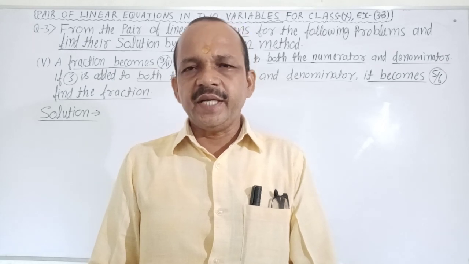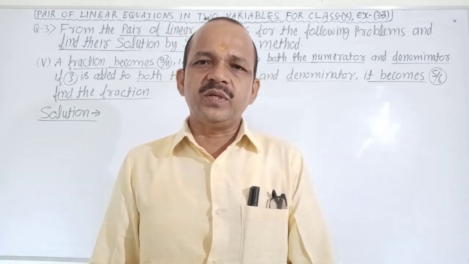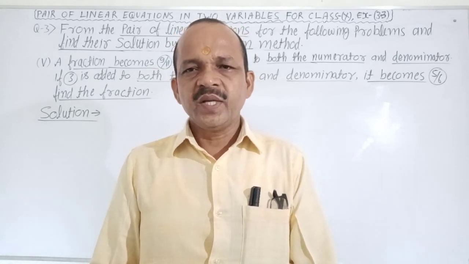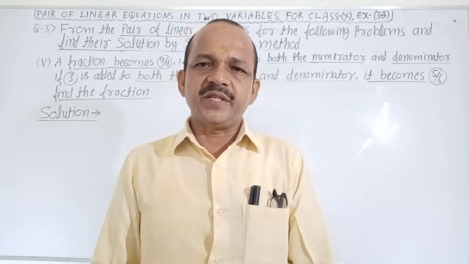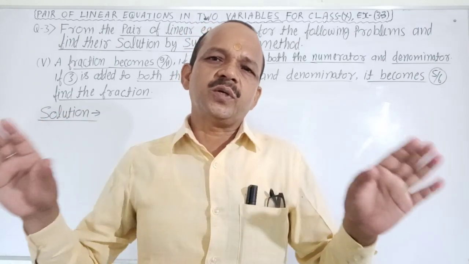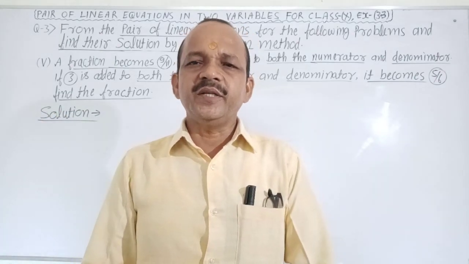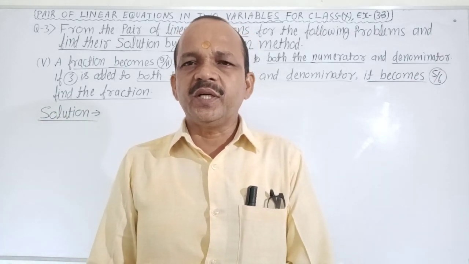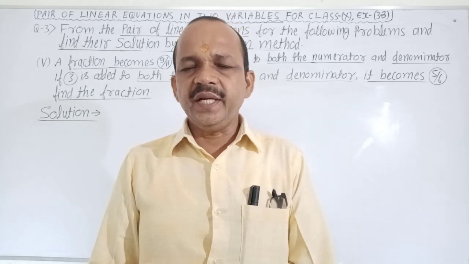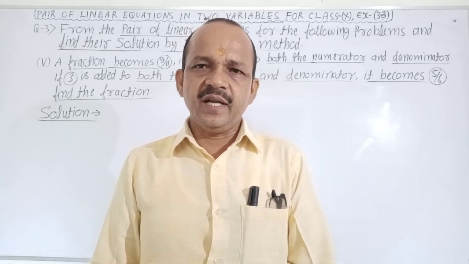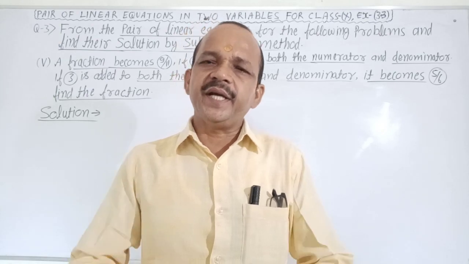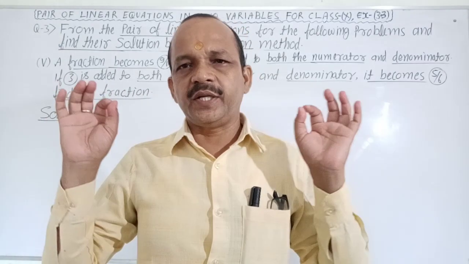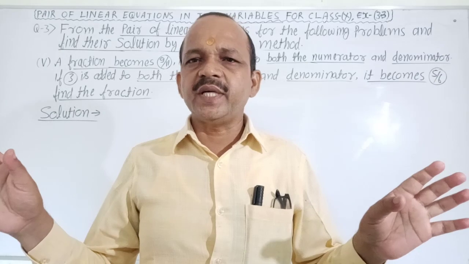If a1 by a2 equal to b1 by b2 not equal to c1 by c2, then it shows parallel lines, inconsistent system and no solution. If a1 by a2 equal to b1 by b2 equal to c1 by c2, then it shows coincident lines, consistent dependent system and infinitely many solutions.